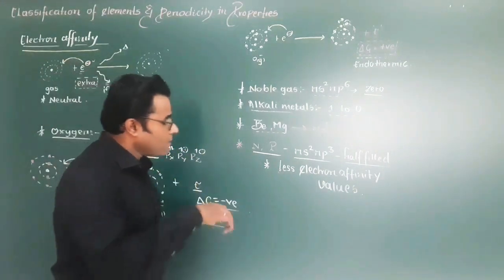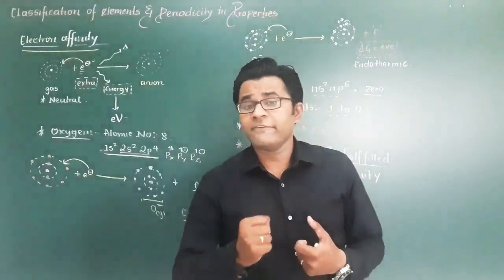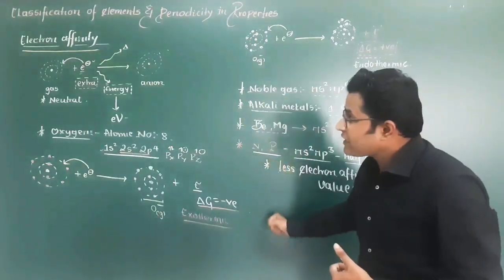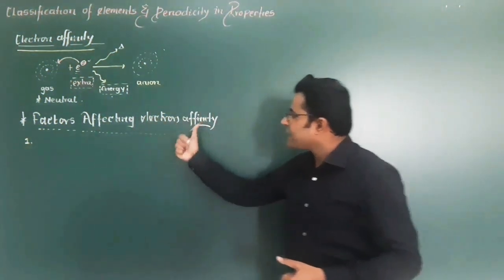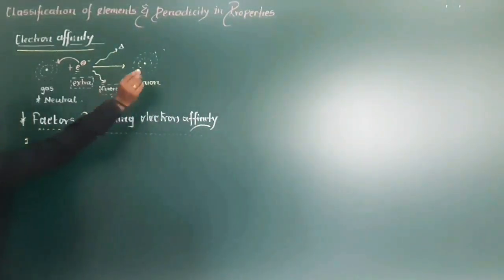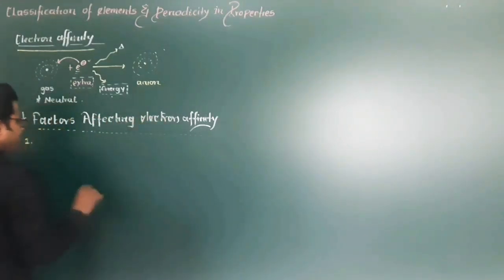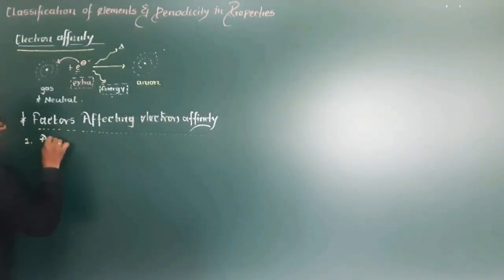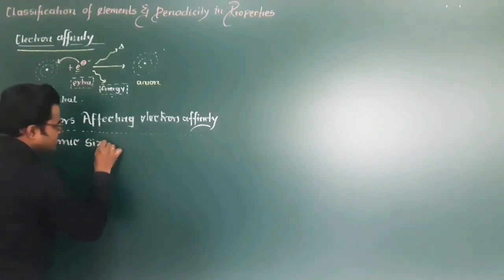Okay, so now what we shall do is see what other factors can affect electron affinity. The first prominent factor which affects the value of electron affinity is the atomic size.